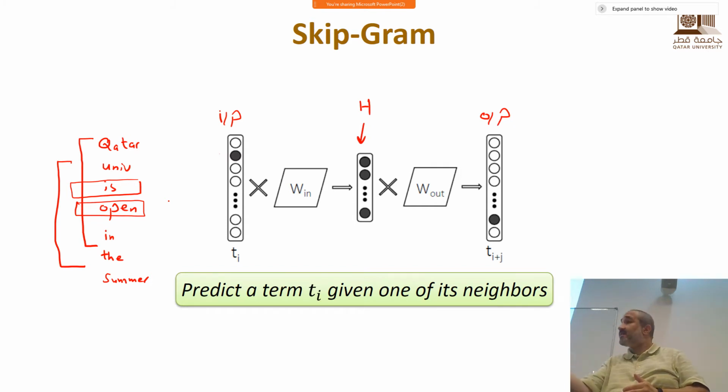And the output is similar. Okay, so the input is representing is, for example, for the first example, and also it would be one hot encoding for the output. Where are the embeddings? We will see them in the next slide. Okay, the embeddings are actually the weight matrices that you will see here. Okay, so let me summarize again what we said.